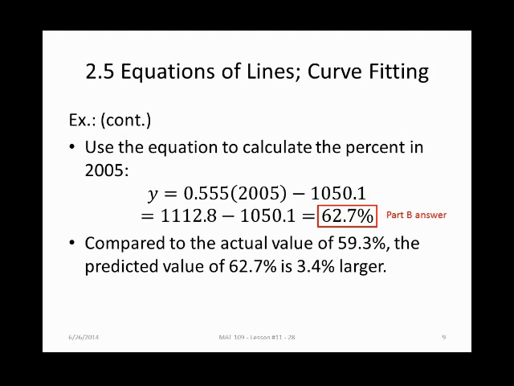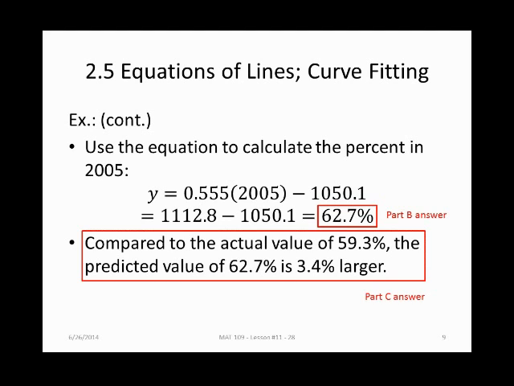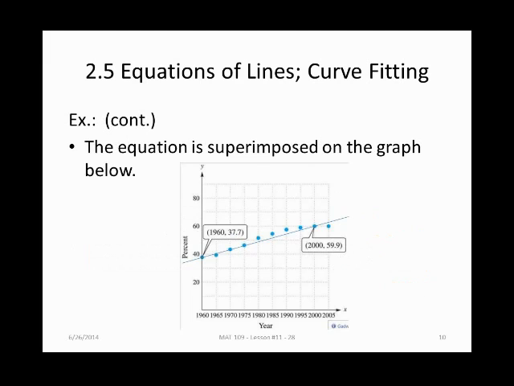An indication of the fact that it is pretty good is if we plot the straight line for this equation on top of the data points from the previous graph. When we do that, the straight line is this line here.